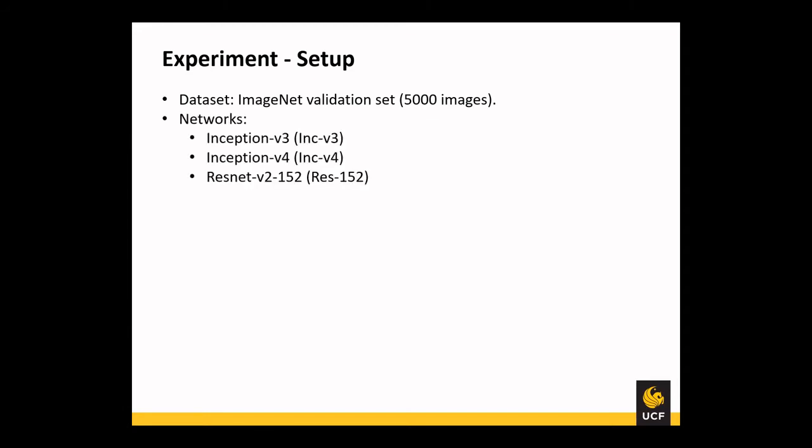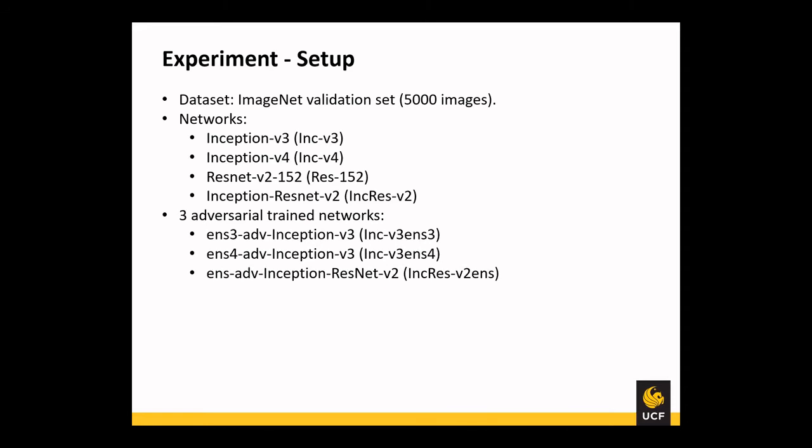Then they use 7 different networks. 4 of them were normally trained networks, and 3 of them were adversarially trained networks. They used a step size alpha of 1, and the total number of iterations to be the minimum of either max perturbation plus 4 or 1.25 times max perturbation.